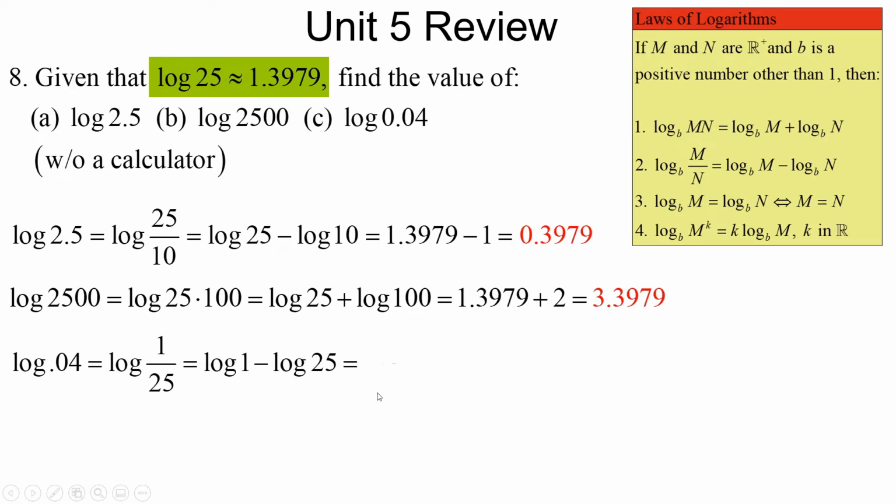That has to be a 0. So there's my minus. I have a 0 on the left. And the common log of 25, they gave me approximately 1.3979. So that will equal negative 1.3979. That's 3 very cool problems right there.